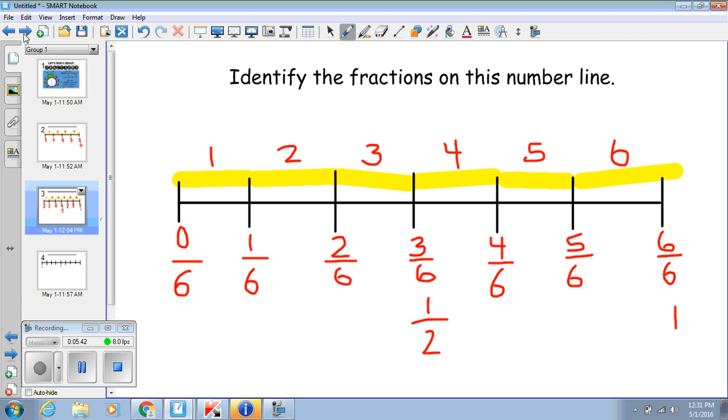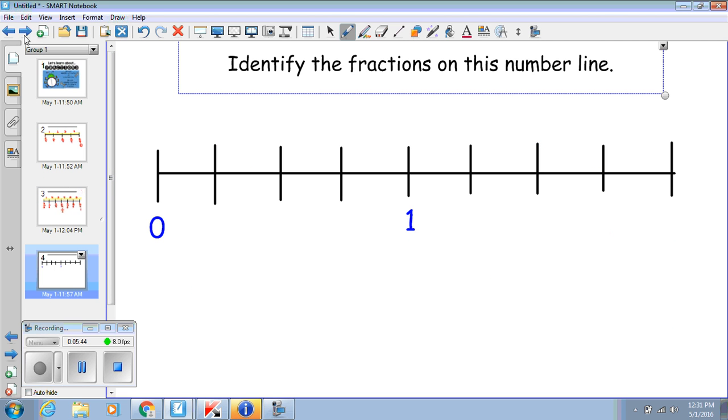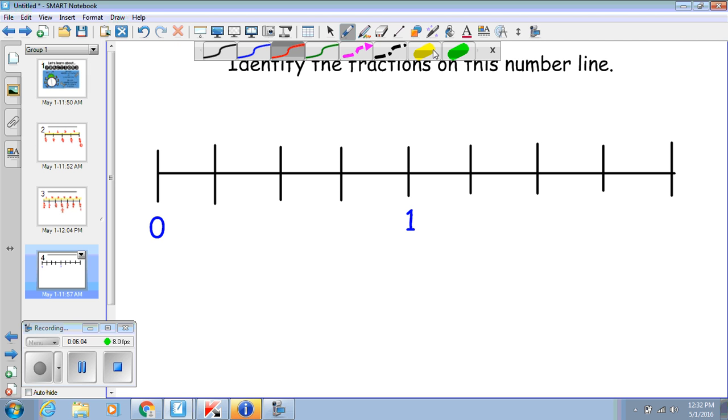Let's take a look at one more example. This one is a little bit trickier. Again, we're going to identify the fractions on this number line. Let me take a moment just to analyze carefully and notice something about this one, how this one is different than the other one. This one is different because I'm noticing this number here. I see a number 1 here.